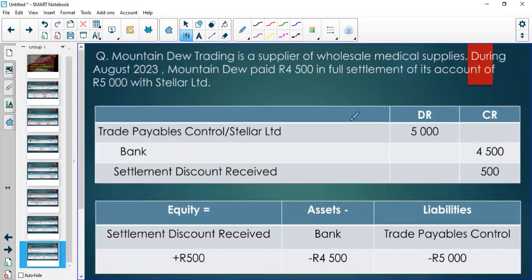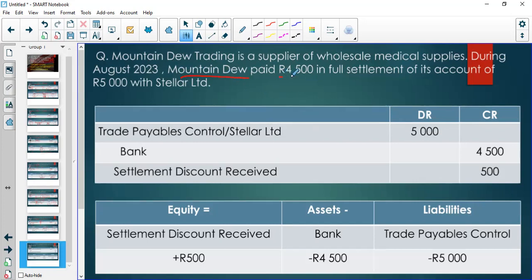Then finally, we come to a slightly interesting transaction. In this particular transaction, what do we have? We have a customer. Is it a customer? No, it's us, Mountain Dew.